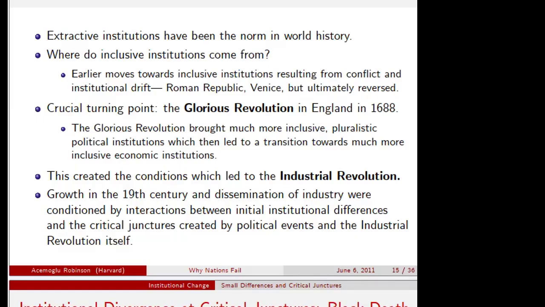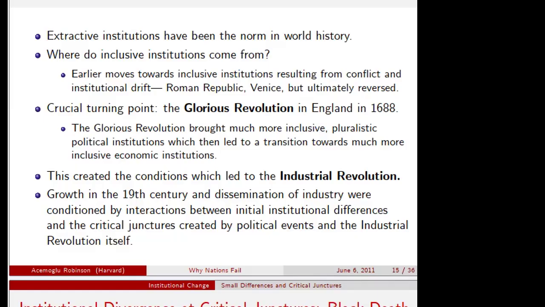critical juncture. In 1688, the English Parliament got fed up with King James II because he was actually attempting Catholic absolutism, and they invited the Dutch Prince William of Orange to invade. So James fled.